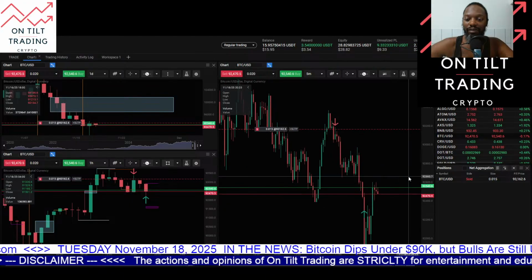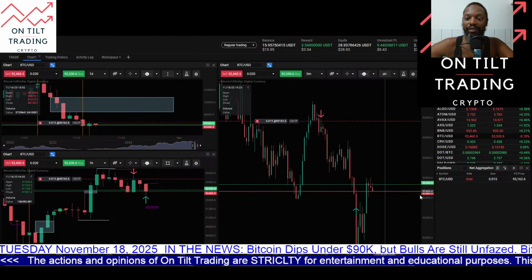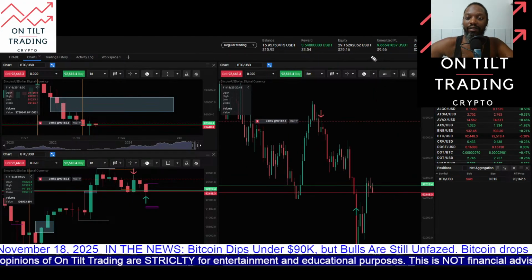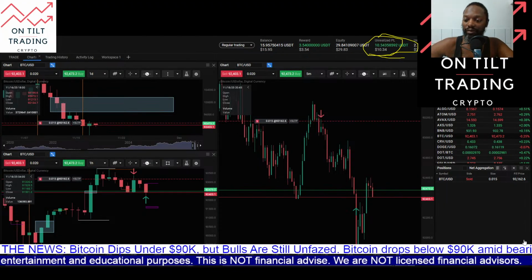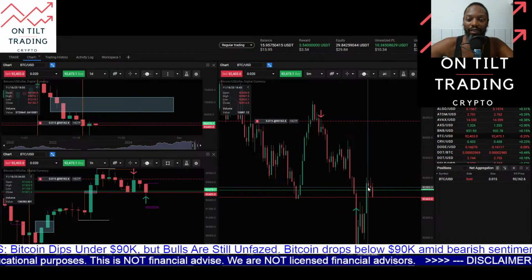We're starting to see price deliver back here to the sell side, and starting to see USDT here come back into the unrealized.